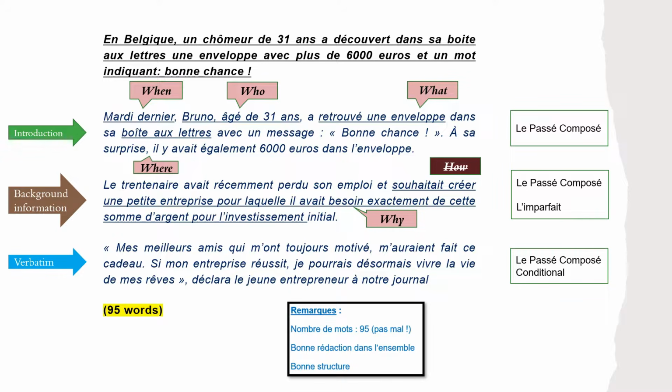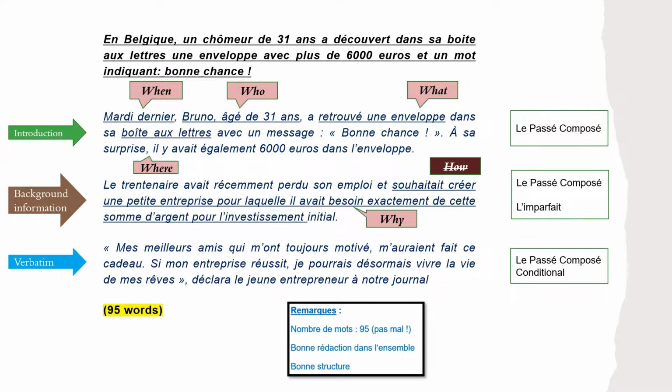Now, in the background information, I'm saying that this person had recently lost his job and he wanted to create his own company for which he needed exactly the same amount for initial investment. Now, here, if you see, I'm including some information for why, like why this money was important for him because he wanted to create his own company for which he needed exactly the same amount.